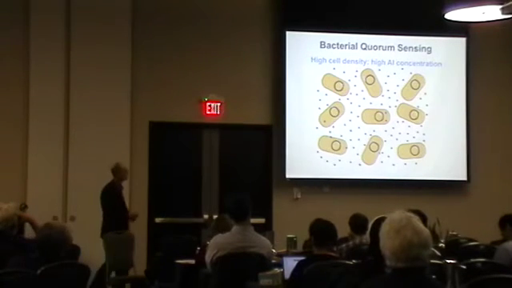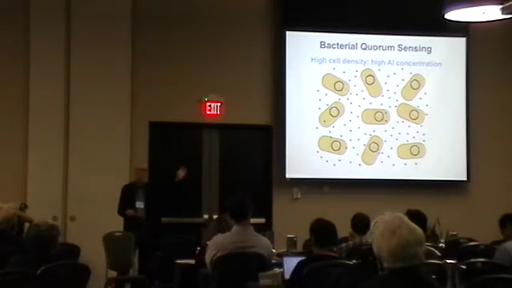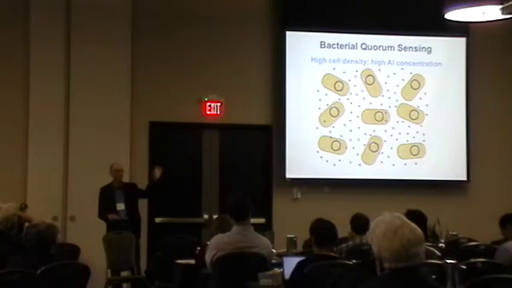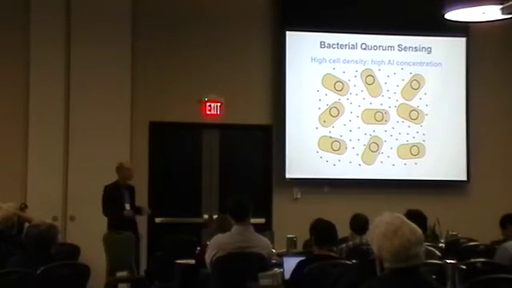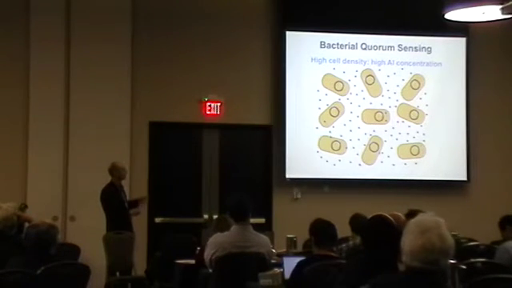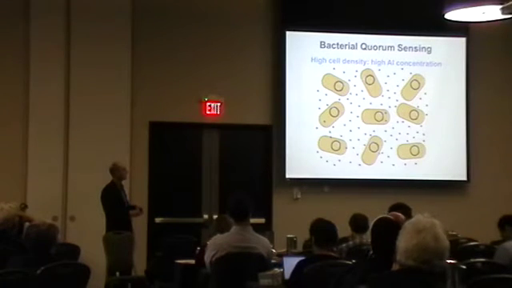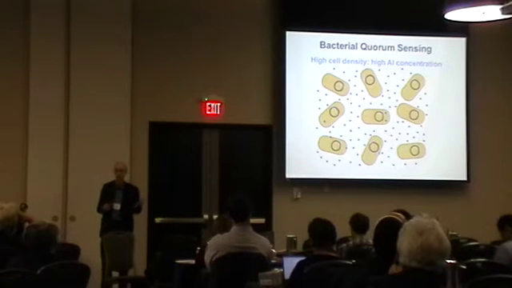But at high cell density, just by virtue of having more cells, the concentration of these molecules is higher, and using the same kind of receptors, albeit in this case not clustered, that bind small molecules and send signals inside the cells, the cells are getting the signal that there's now an accumulation of these molecules, which are called autoinducers, because they can turn the cell on and even make the cells produce more of these molecules. And now the cells kind of know that they're at high density, and they will do different things.